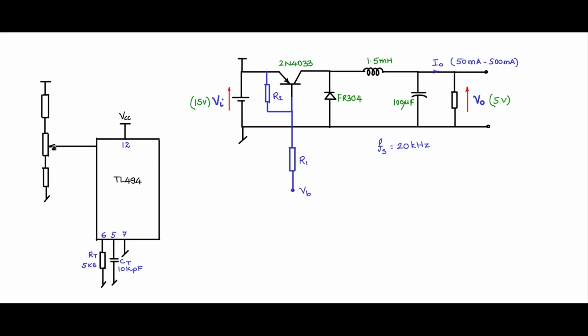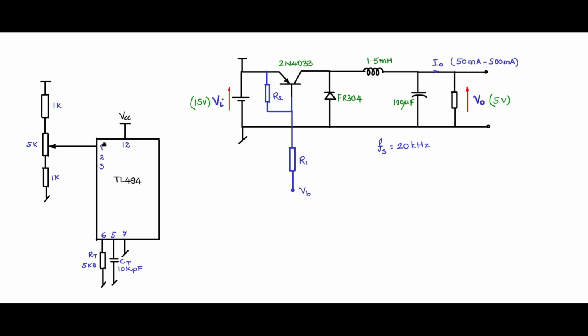This center tap will vary from a particular minimum resistance to a maximum resistance, and I will have a voltage here in between such that it is between the sawtooth. If you measure at pin 5, you will get a sawtooth waveform, so the voltage here should be in between the sawtooth waveform. Connected in that fashion, this we can say 1K, 5K and 1K. This is connected to pin 1.